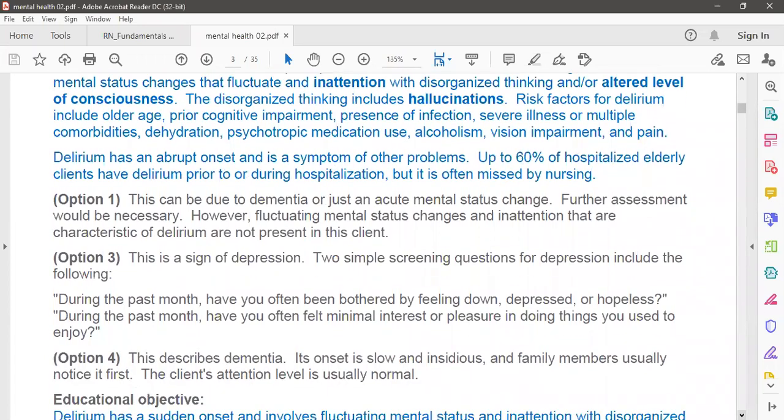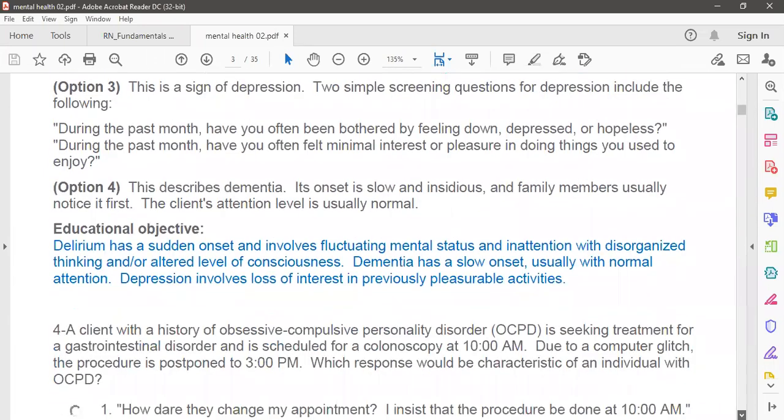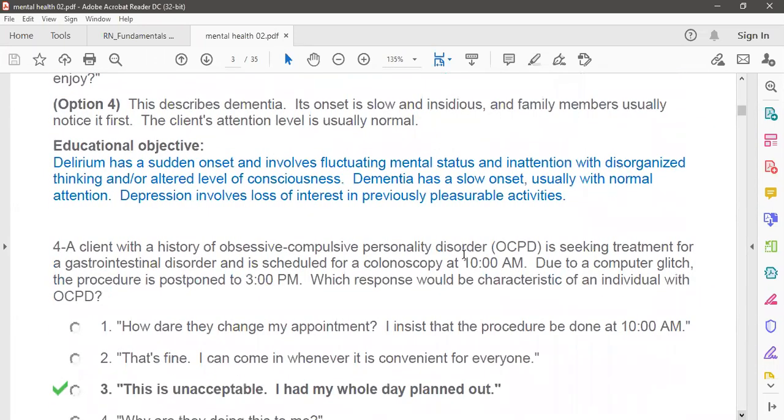Now on to the education objectives, just a little bit of recap. Delirium has a sudden or rapid onset and involves fluctuation of mental status, because of fever or infection, along with inattention with disorganized thinking or altered level of consciousness.